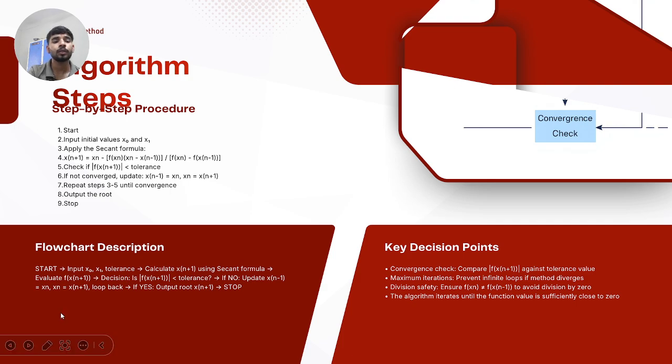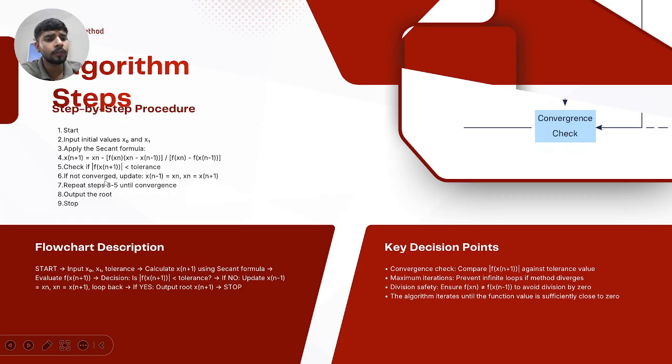Now we will go through the algorithm. For that we will start the program. We take the initial values, apply the secant formula that we have studied, and check if the function value is less than the tolerance. If yes, then we return.